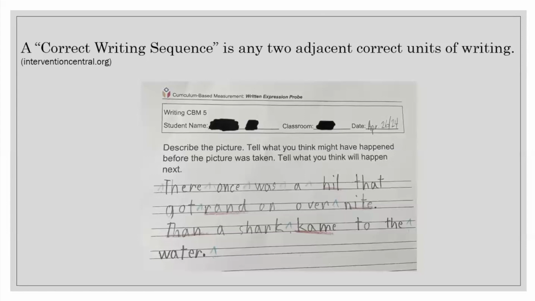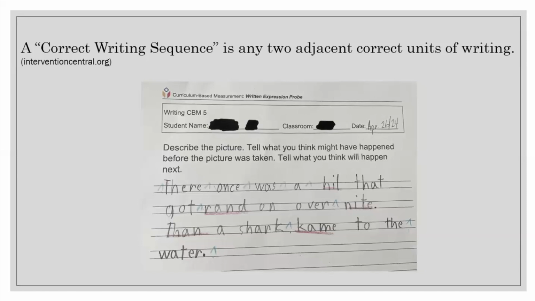There are criteria to determine what counts as a spelling error and what counts as a correct writing sequence. I found that the criteria vary slightly depending on the assessment you're using or the source of information you look at. So I looked at Aimsweb, which is a universal screener that includes this CBM-WE.